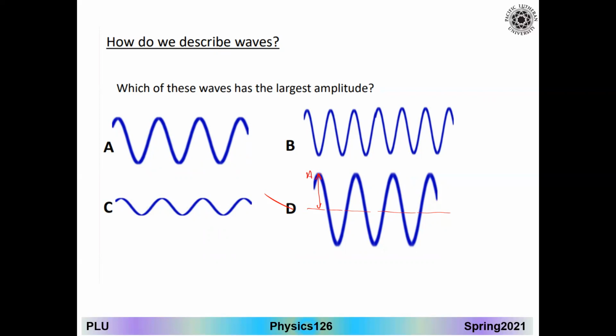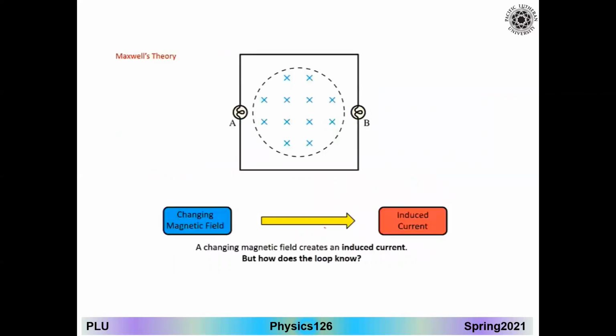Now we're going to introduce electromagnetic waves. From the name, an electromagnetic wave means I have an electrical wave and a magnetic wave combined together to generate an electromagnetic wave. To get that concept, let's go back a little bit to Lenz's law.